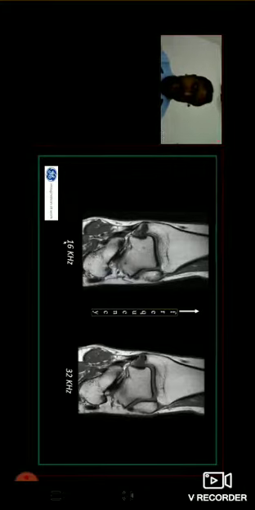Again, an example of the wrist joint, with three different receiving bandwidths. As you can see clearly, as the receiving bandwidth increases, the chemical shift artifact is also reduced. As said earlier, the chemical shift artifact increases as the frequency and the field strength increase.